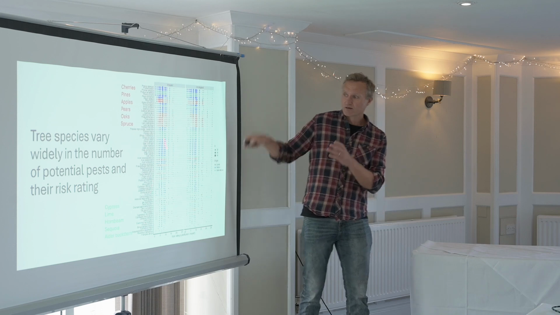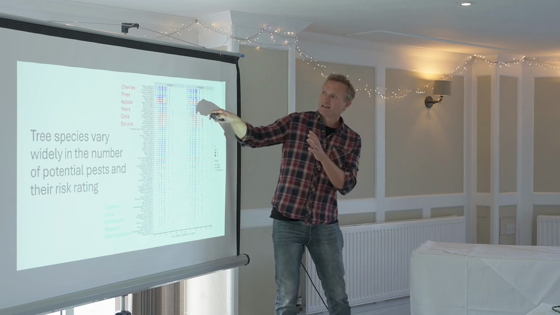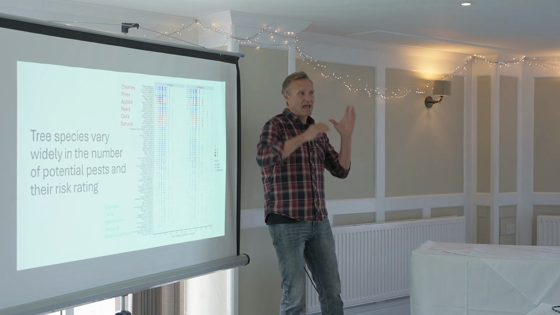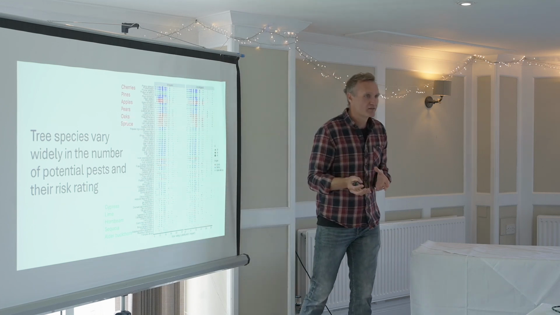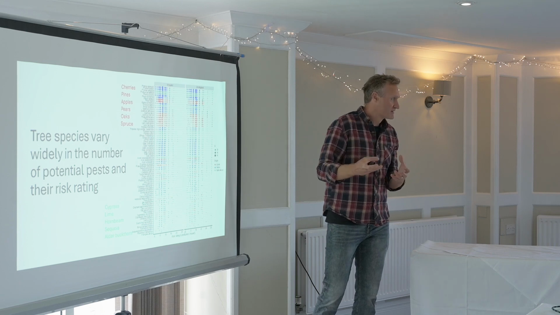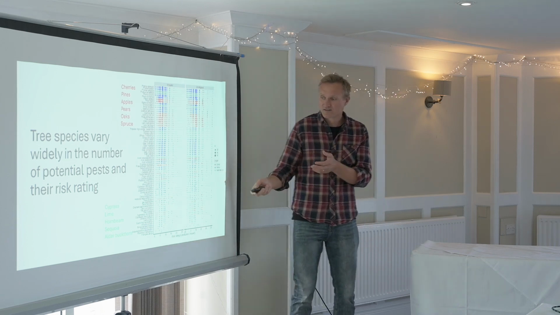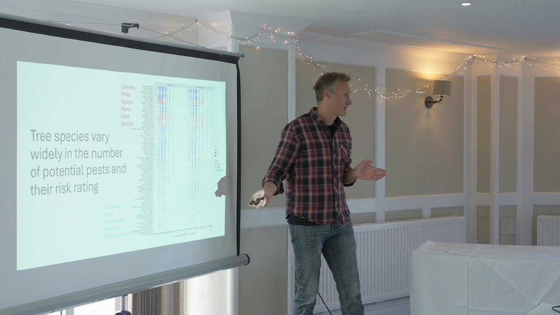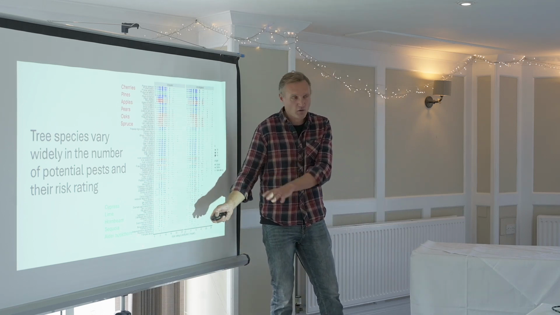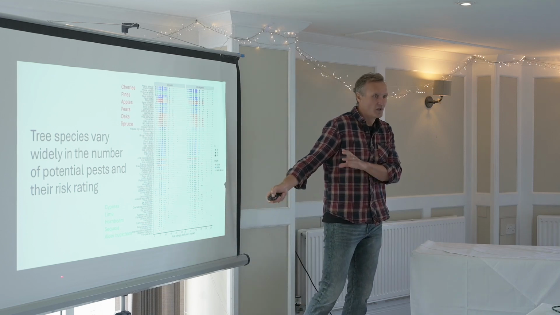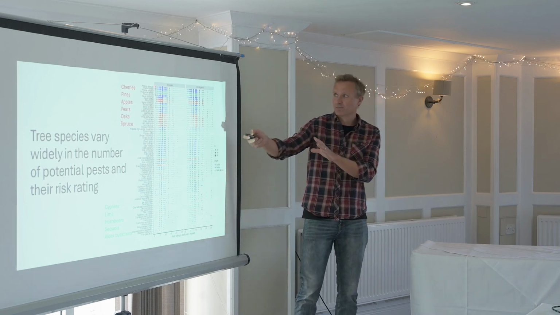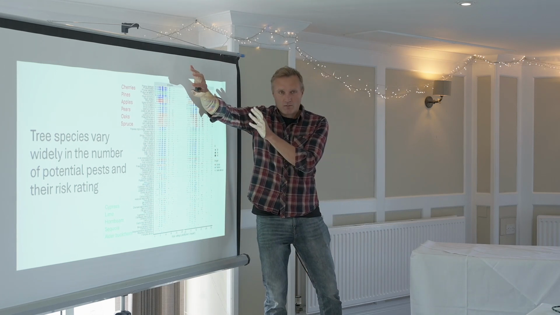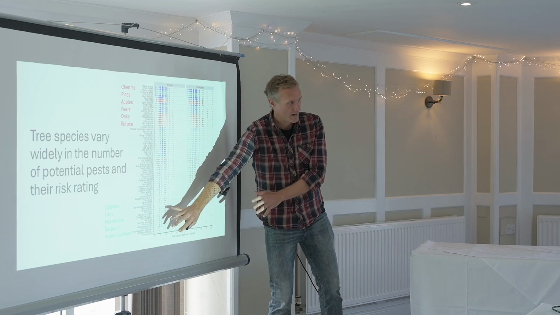And I've ranked them by the kind of median risk score. So what we can see is things like cherries, pines, apples, pears, oaks, and spruce tend to have more and more impactful pests and pathogens which could potentially attack them, whereas things like cypress, lime, hornbeam, sequoia, and something called the alder buckthorn have fewer and less damaging, impactful pests and diseases. Okay, and that's the mitigated and unmitigated. But there's a lot of variability, but some more threatened, some perhaps less threatened.